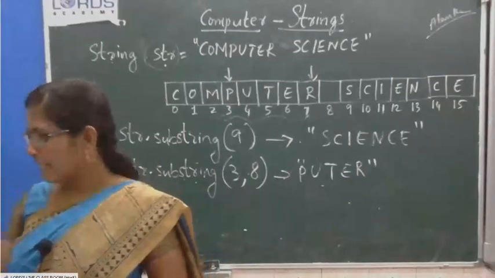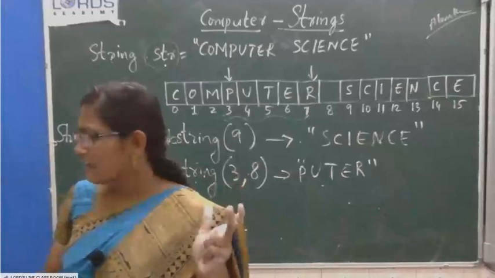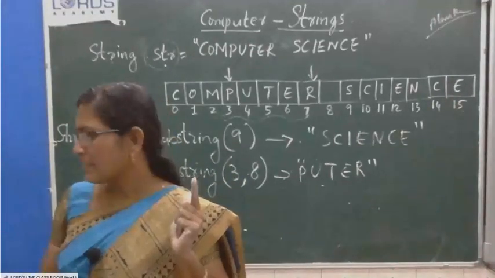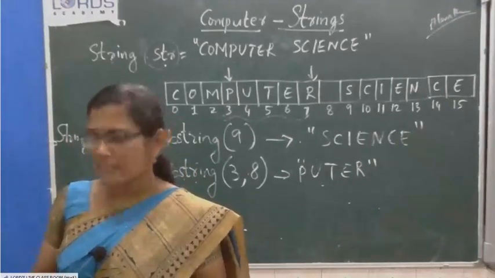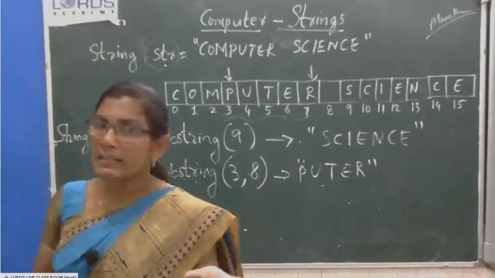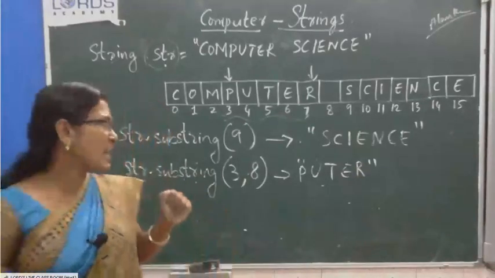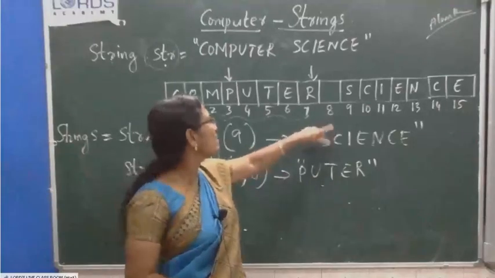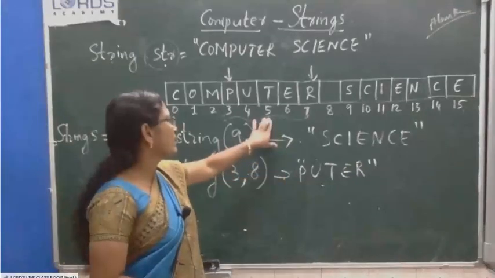So, today we have studied the length method to return the length of the string, the charAt method to take out a particular character from a string, the indexOf method to find out the index number of a particular character, the lastIndexOf method to find out the last occurrence's index number, and the indexOf from a starting position, indexOf E from 8 or indexOf E from 5.